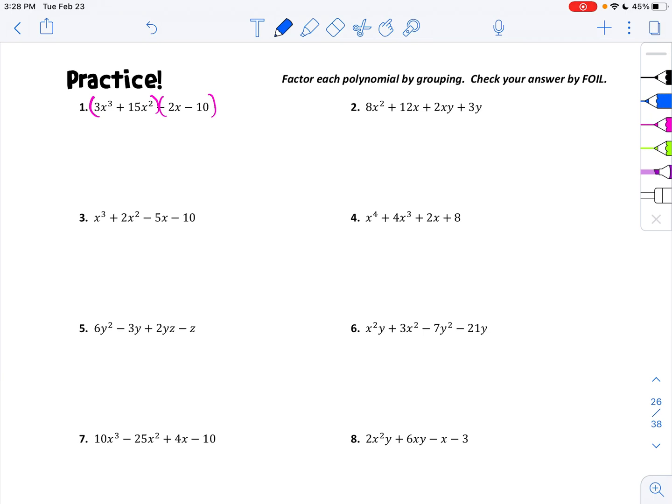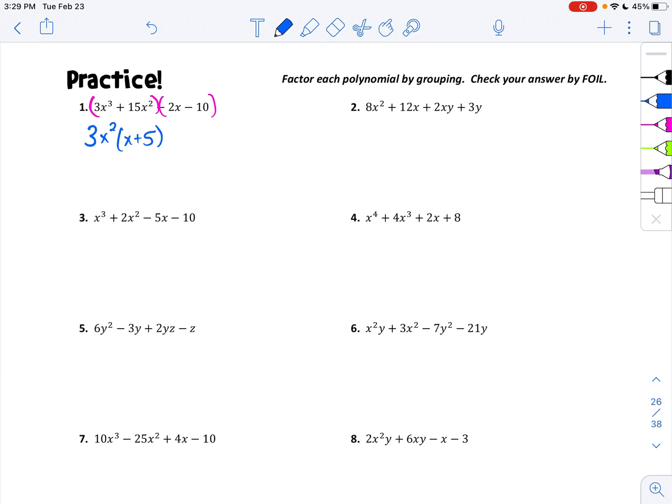The GCF of the first one, 3x cubed plus 15x squared. Looking at my coefficients first, the GCF of 3 and 15 is 3. And then looking at my variables, the GCF between x cubed and x squared is x squared. So what I have left is x plus 5.